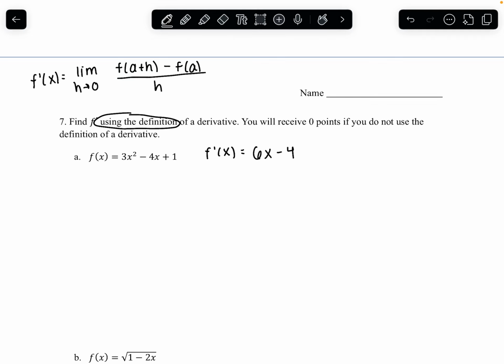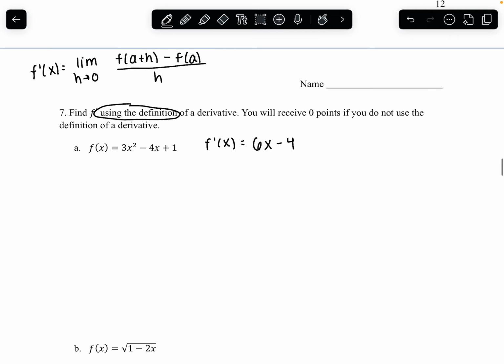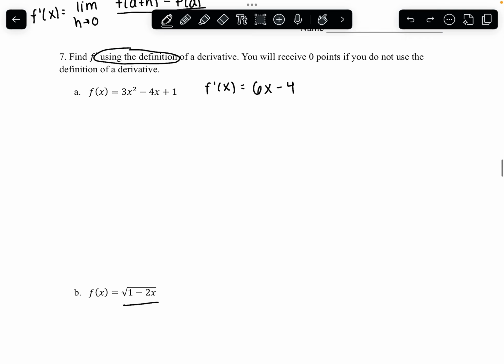okay, we can hopefully work through it and we can double check our answer because we know how to use power rule. And I can probably guarantee you that if we ask you to use the limit definition of a derivative on the final exam, that it'll be something similar to this, where it's a nice polynomial.